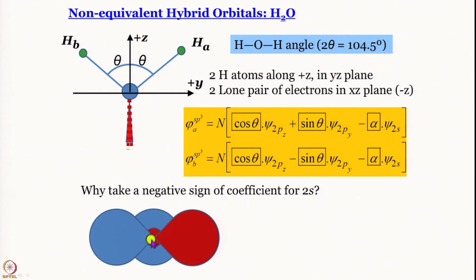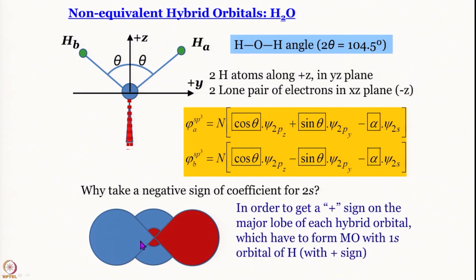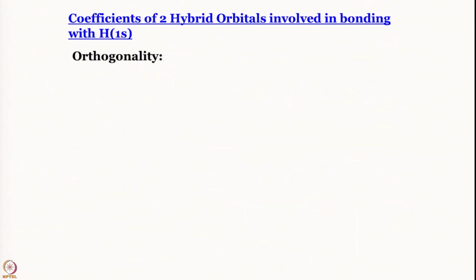The sign of the 2s wave function between the nucleus and the radial node is the sign of the minor lobe of the hybrid orbital. So, conventionally we like to keep the sign of the major lobe plus, that is why we use a negative sign for the coefficient of 2s, but it is not compulsory, you might as well keep it positive, it does not make any difference.